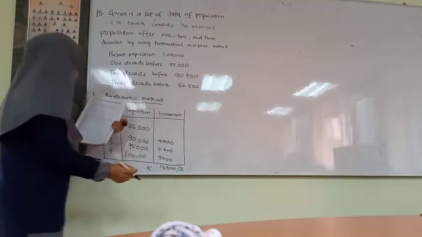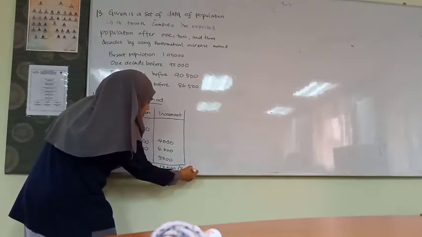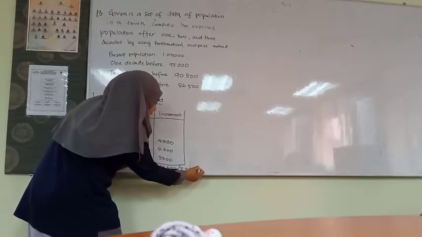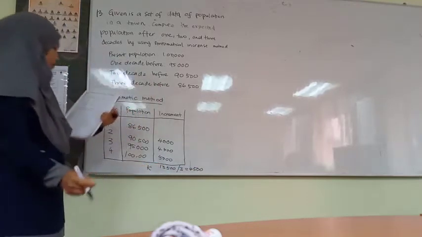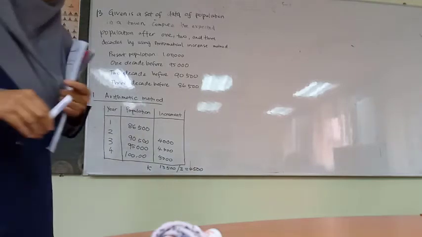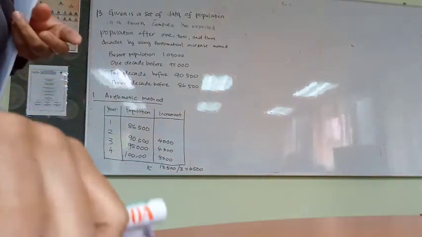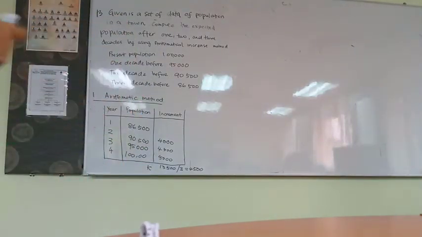So the average increment will be 4,500. Okay, so the first stage of computing for the arithmetic growth method has been completed.